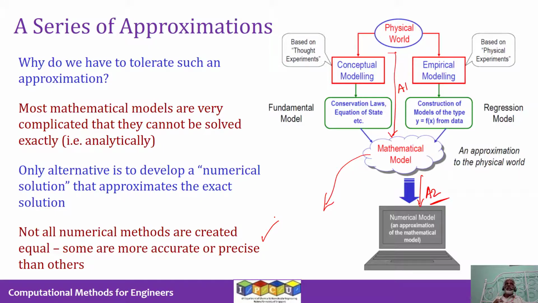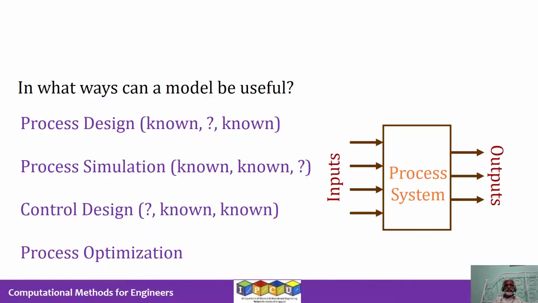So maybe accuracy, robustness, and time for getting the solution. All of that will become very interesting when you're working on bigger scale problems. Unfortunately, in this course, we will work on somewhat complex problems, but they are not of the industrial scale, and therefore you may not be able to see the real difference between two numerical methods, but nevertheless we will have some illustrations of that as we go along.